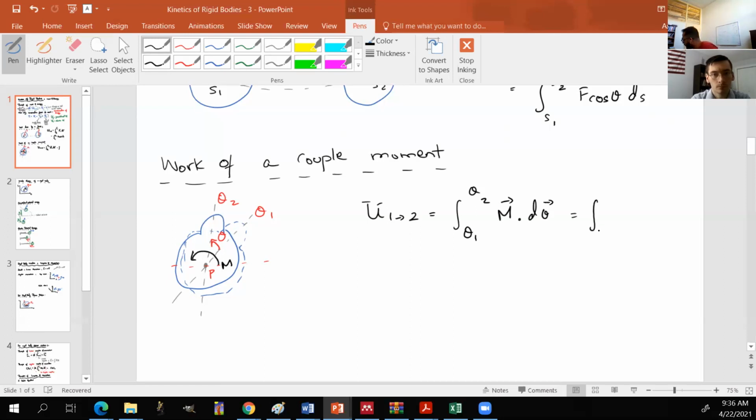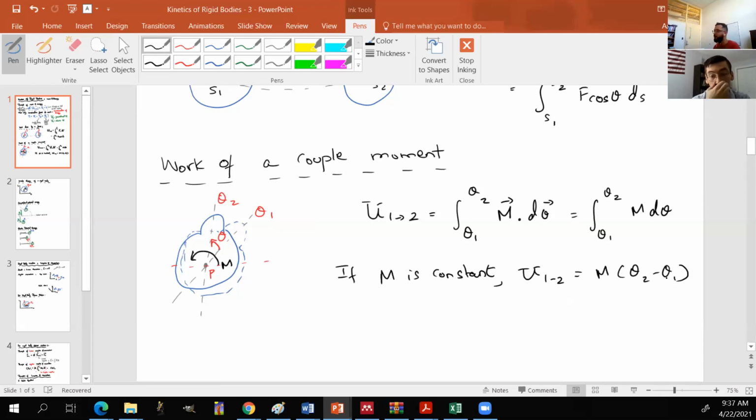Or you could have the scalar quantity as well, the integral from θ1 to θ2 of M dθ. And similarly to when you see work done by a force, if your moment is constant, the work done by that moment is just equal to that scalar quantity of the moment times the change in angle that you're looking at.